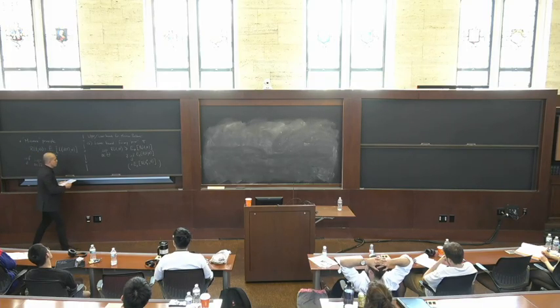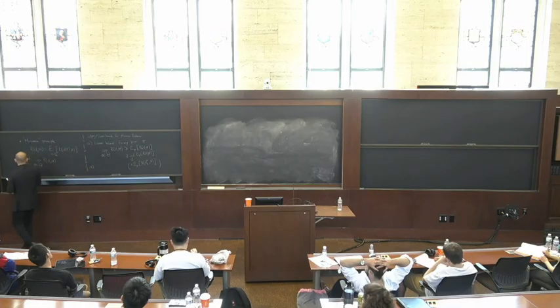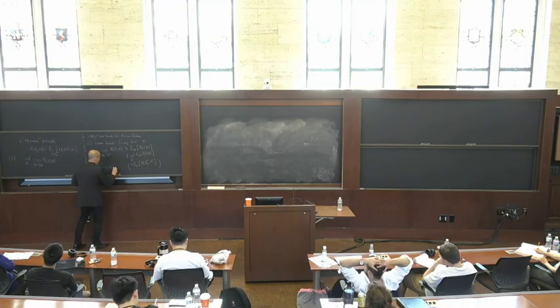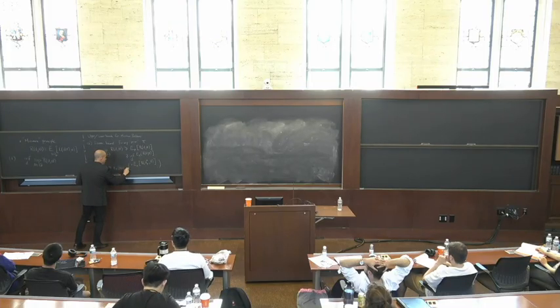So let me just write it. If I call this equation 1, then A implies that 1 is larger than or equal to, and let me use the term in parentheses, for any pi.